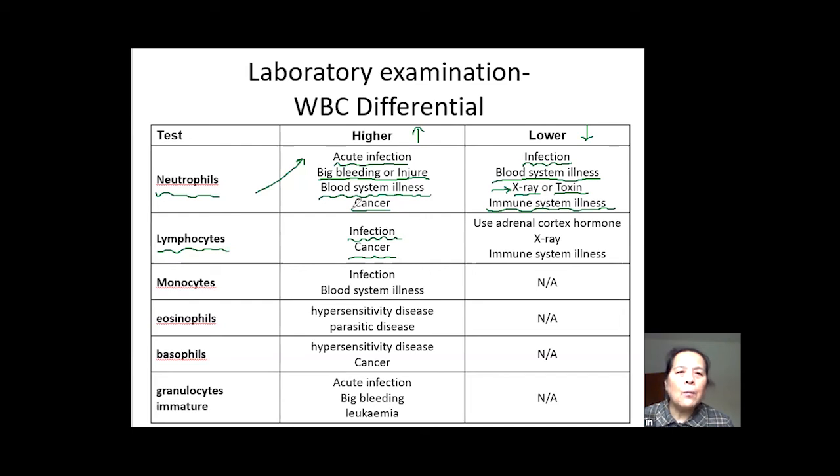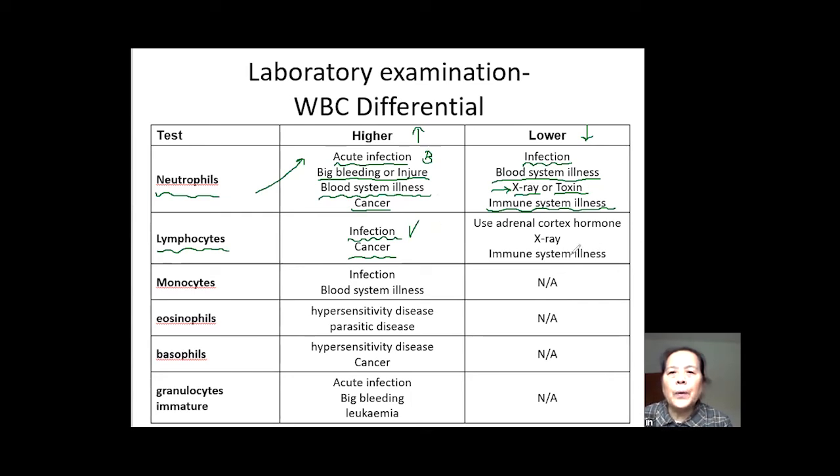Generally speaking, what's the difference? Bacterial infection mainly causes the neutrophil number to increase, and virus infection mainly causes the lymphocyte number to increase. So different pathogens cause different white blood cell reactions.